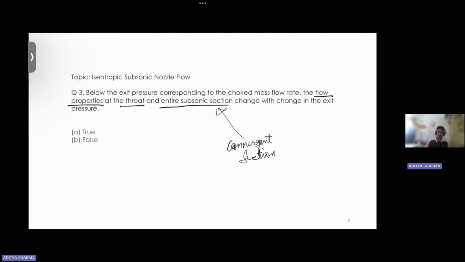And then the question has given two options, whether it's true or whether it's false.